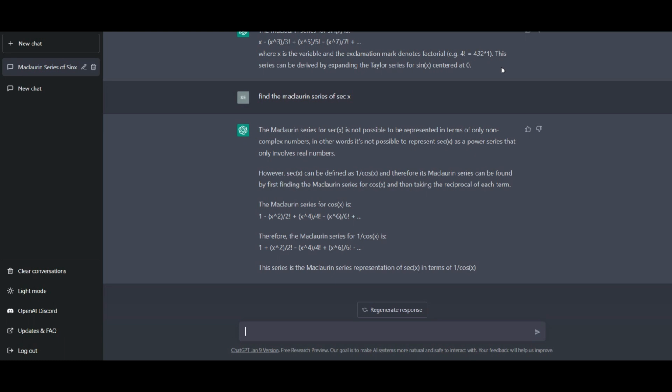But the second paragraph tells us that it can be defined as 1 over cosine x, and hence the Maclaurin series can be found by first finding the Maclaurin series for cosine x and taking the reciprocal of each term.